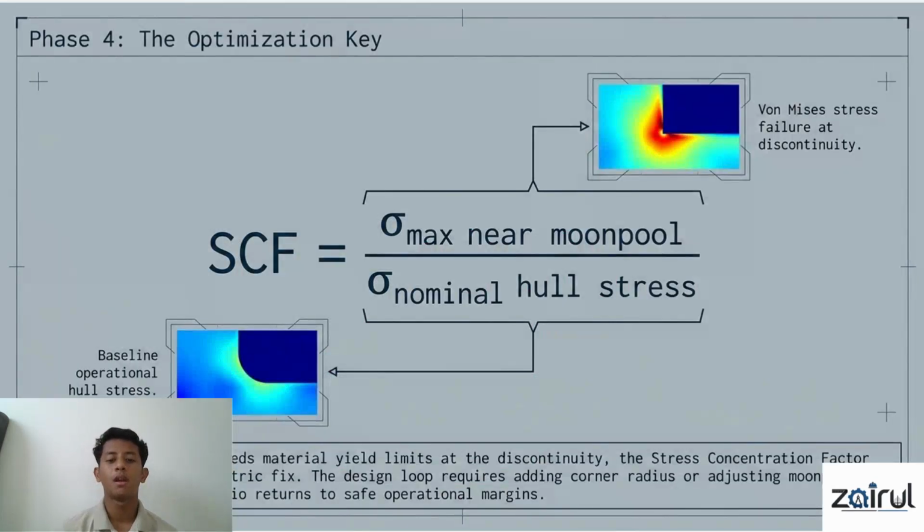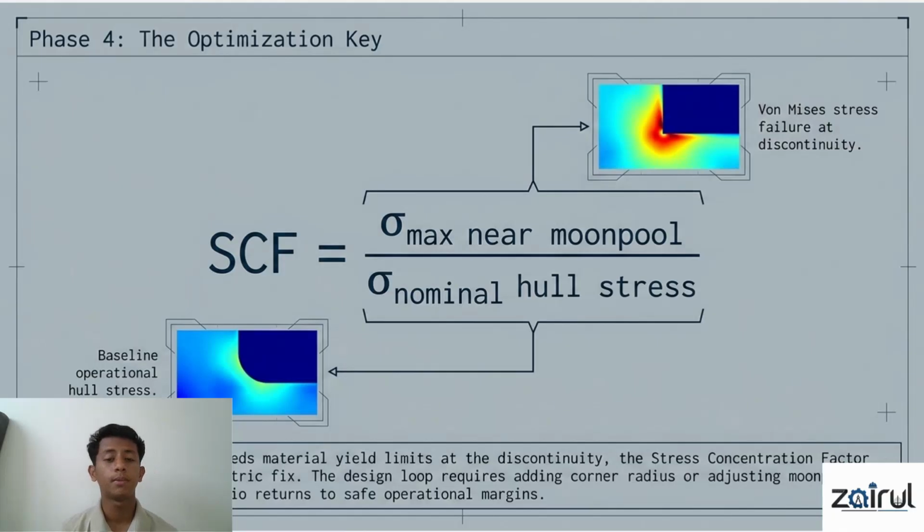These simulation results are evaluated using the stress concentration factor, or SCF. SCF is calculated by dividing the maximum stress near the Moonpool by the nominal Hooke stress. A higher SCF indicates greater risk of crack initiation and structural failure, which means when we get a higher SCF value, it will be easier to have cracks at that area.